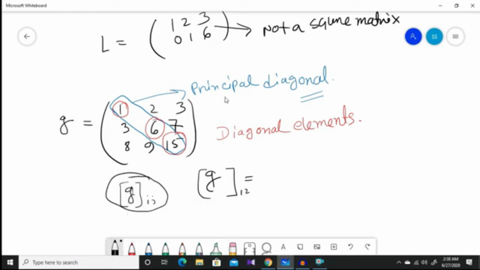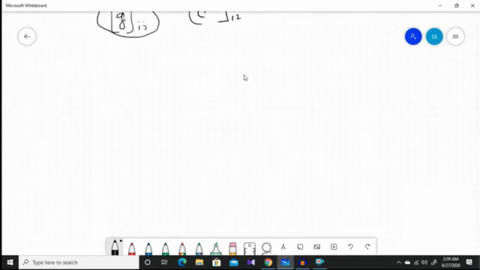It's g12, and the 1, 2 element is 3, right? And the diagonal entries, let's say you want to write g11, this is 1. This is just a reminder of how we have written our matrix elements in terms of the components. Okay, now let's move forward.